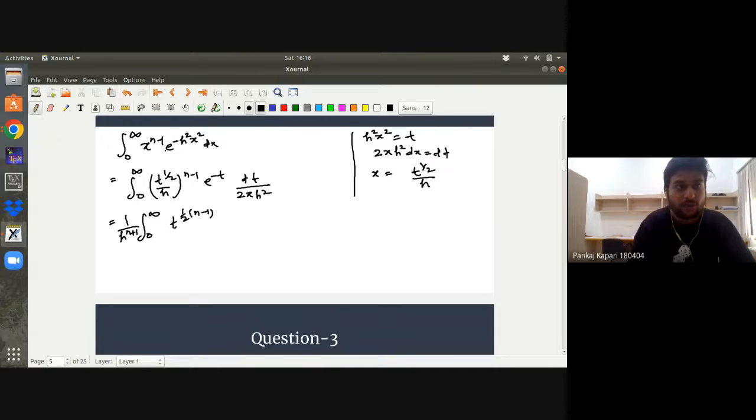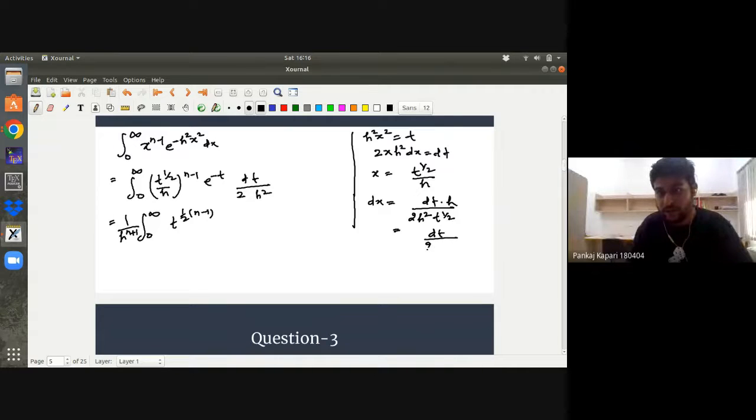Note that this x can again be written as root of t. So what can we write for dx? This is dt divided by twice h squared times x. What is x? It is t to the power half divided by h, which gives exactly dt divided by twice h root of t.